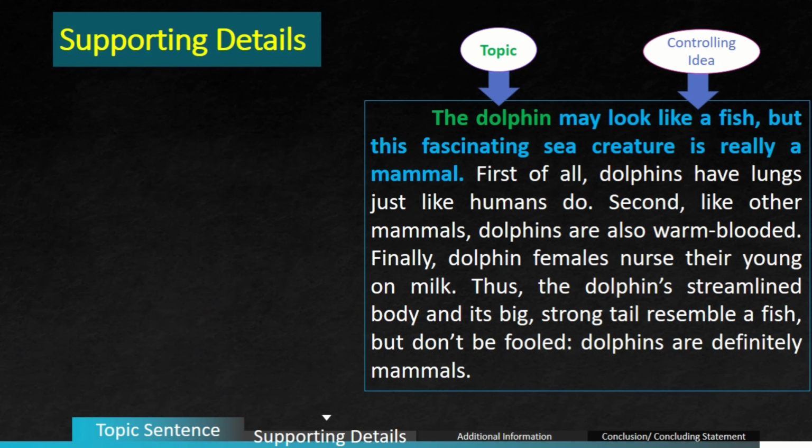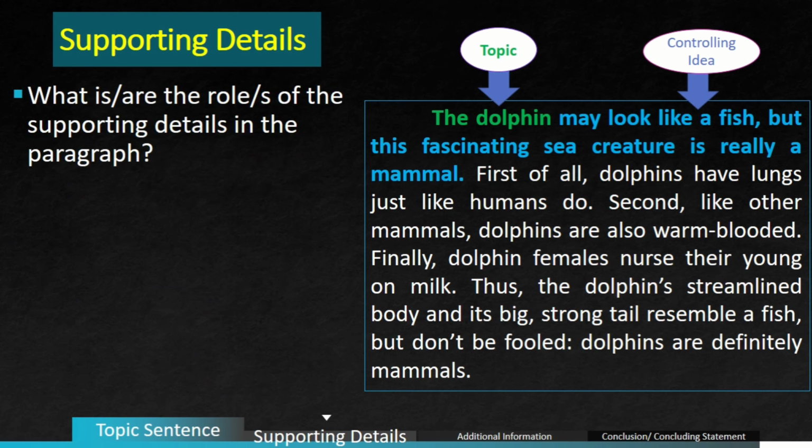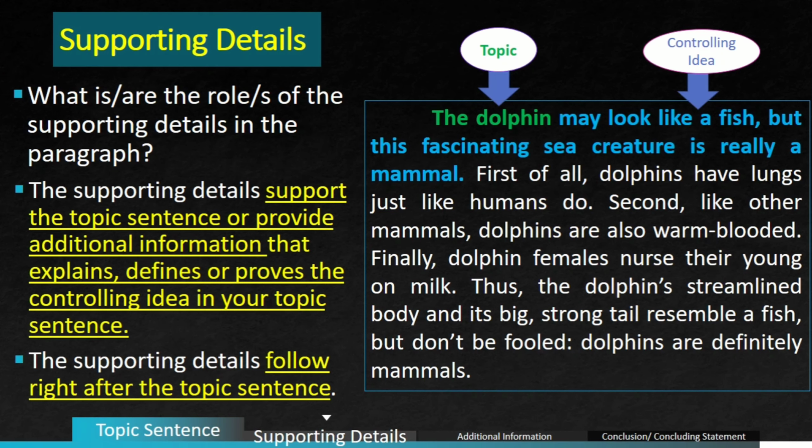Also, a good informative paragraph has supporting details. What is or are the role or roles of the supporting details in the paragraph? The supporting details support the topic sentence or provide additional information that explains, defines, or proves the controlling idea in your topic sentence.